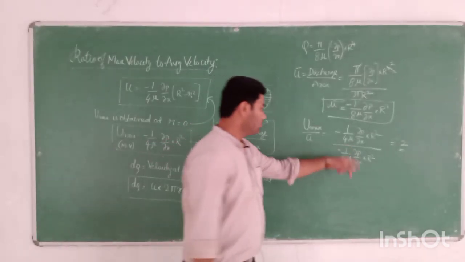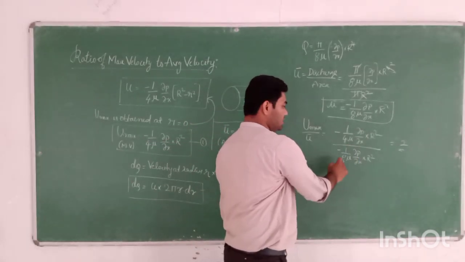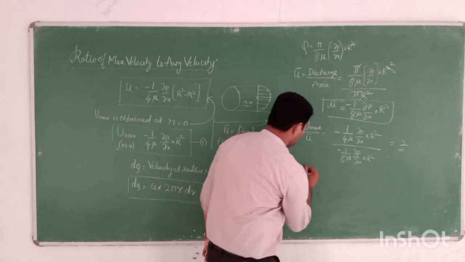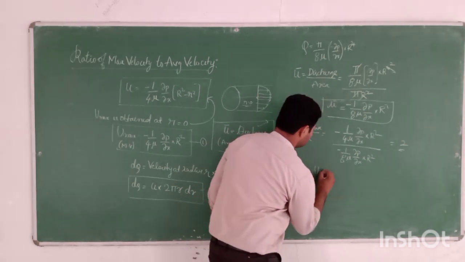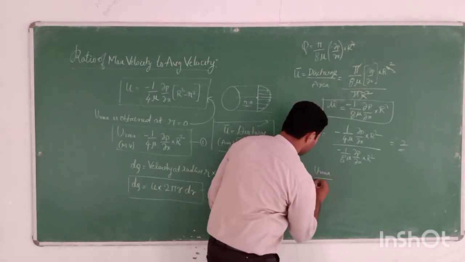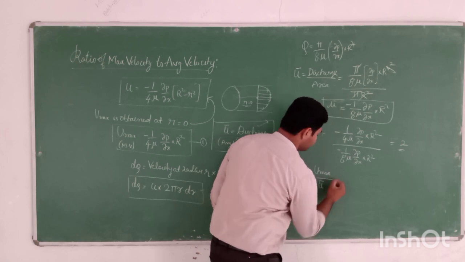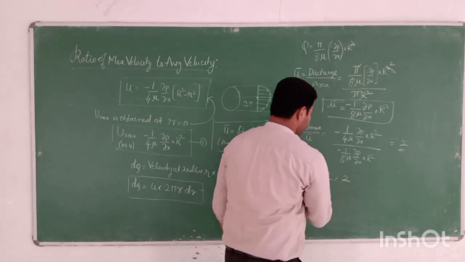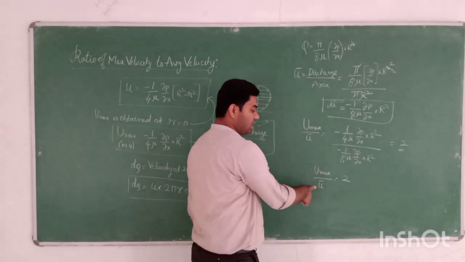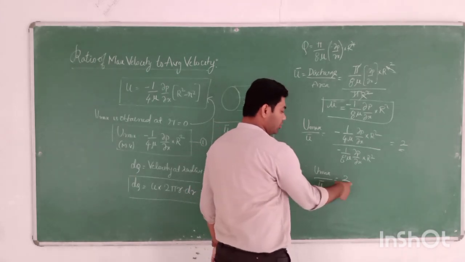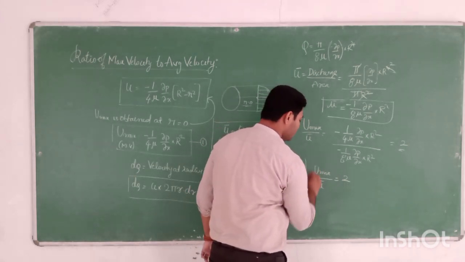This value stands to be 2. Everything cancels, only 2 remains. Therefore the ratio of maximum velocity to average velocity stands at 2.